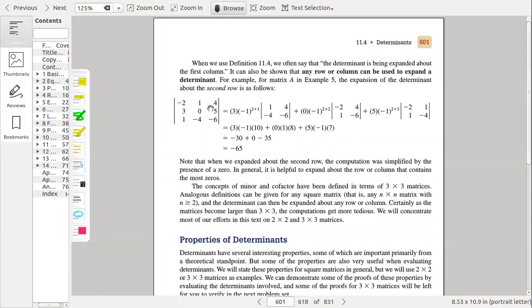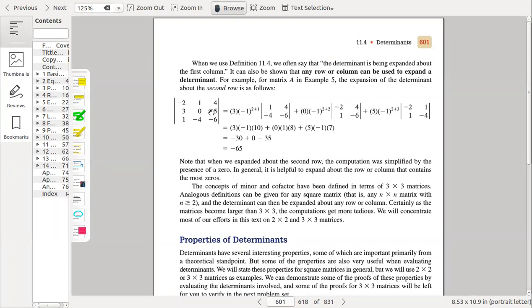Okay. So now we can expand by the second row. So 3. Okay, then minus 1, what will be the power? Second row and first column. The power will be 3. Then 0 and minus 1. This entry is at the position second row and second column, so that's why 2 plus 2.